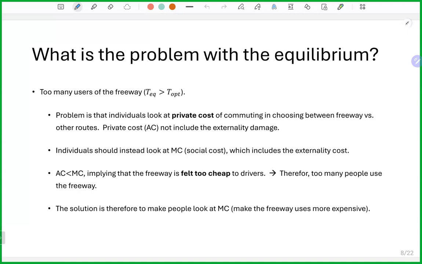Now, no pooling policy. That is the average cost including the toll, and the demand curve, and this is the new private cost. And this is the equilibrium check volume on the toll.